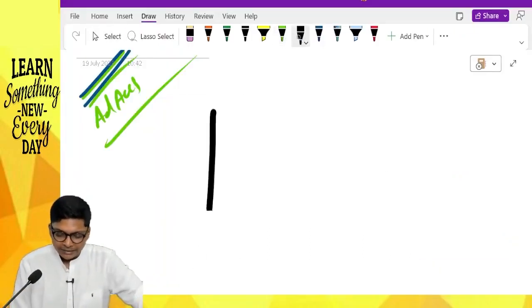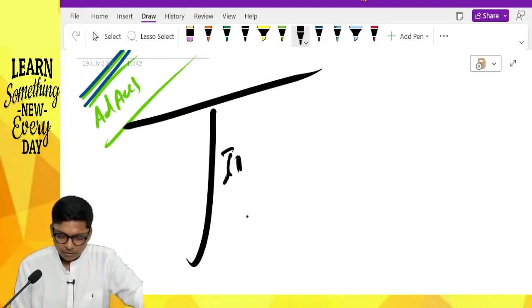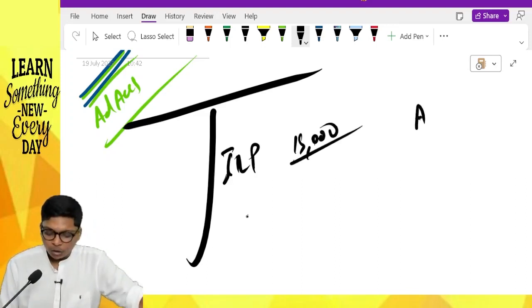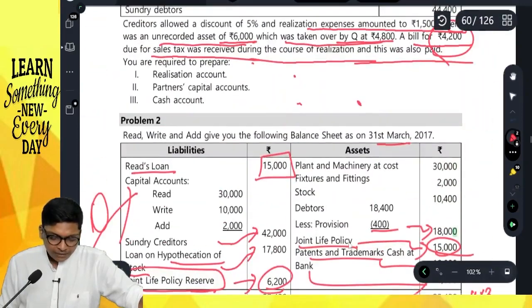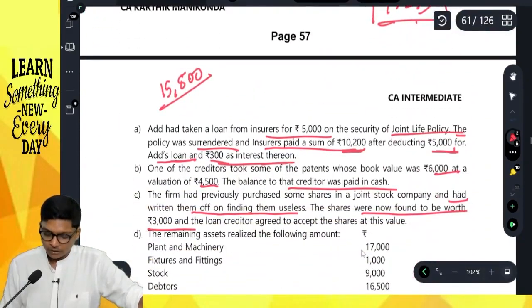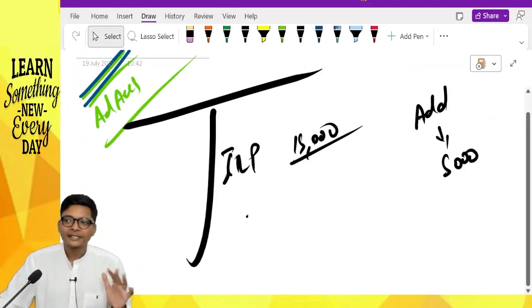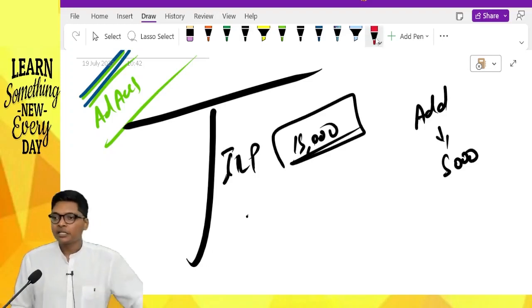See, what is happening here? The firm already has an insurance policy, JLP, to the extent of 15,000. Using this as security, one of the partners, AD, took a loan of 5,000. That is not there in my balance sheet. Why? He took a personal loan for himself, drawings, using this asset of the partnership firm.